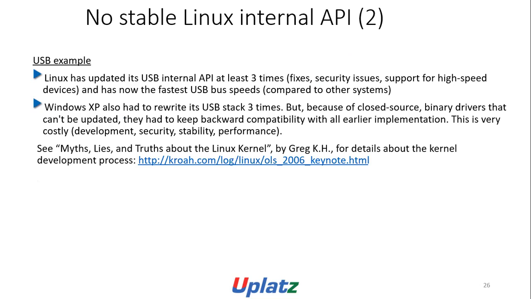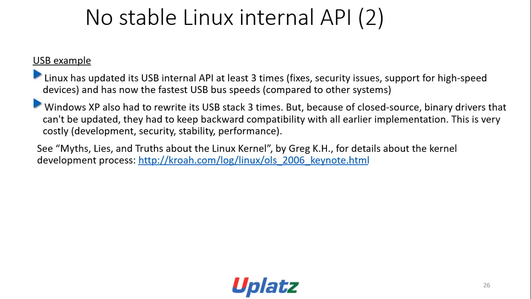Windows XP also had to rewrite its USB stack 3 times, but because of closed source binary drivers that can't be updated, they had to keep backward compatibility with earlier implementations. This is very costly in development, security, stability, and performance.